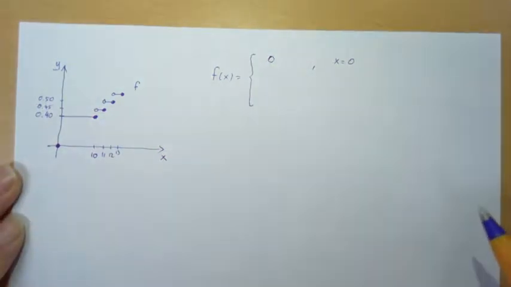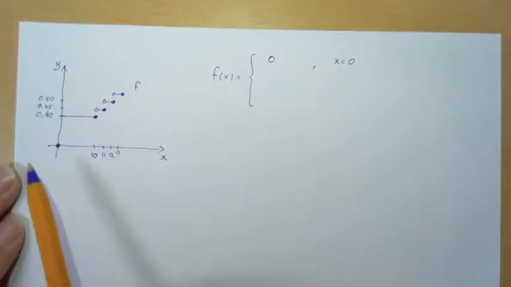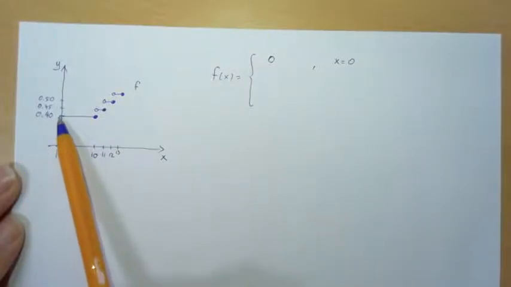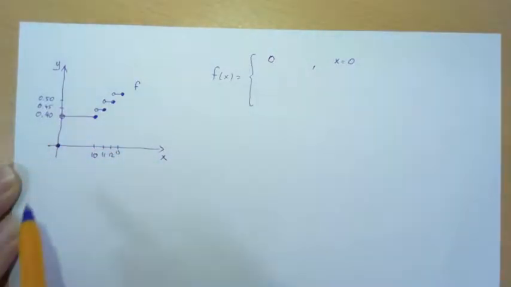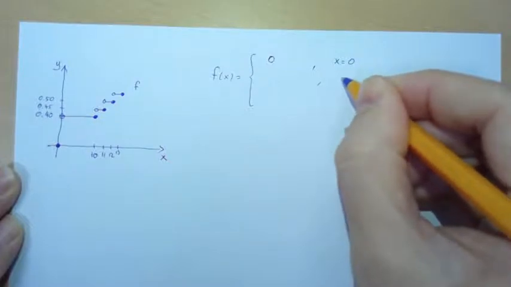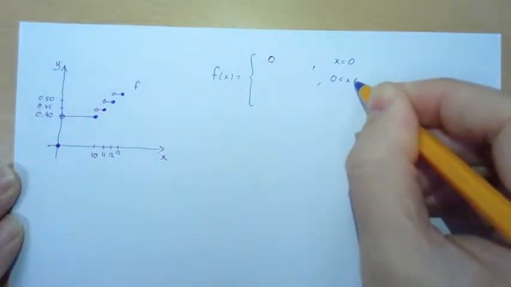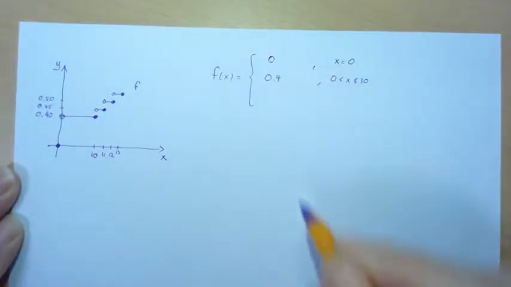If you don't do that, that's totally fine, because it's common sense. Now, for all values of x between 0 not included, we put a circle, and 10 included, the price is 0.40.